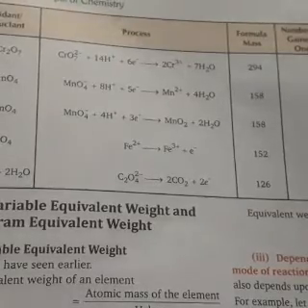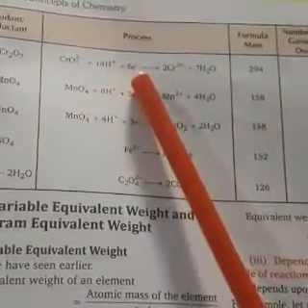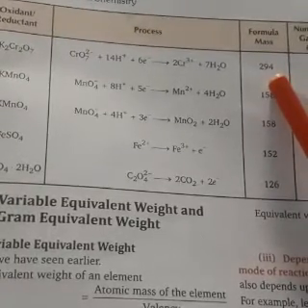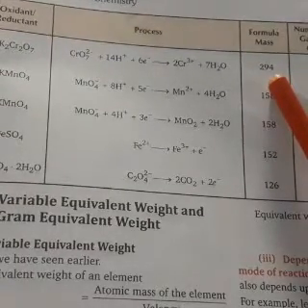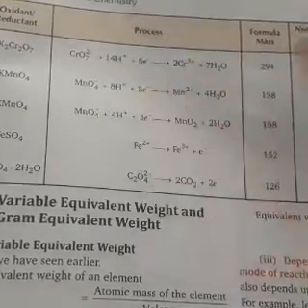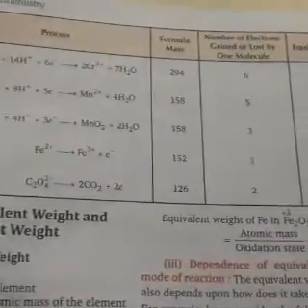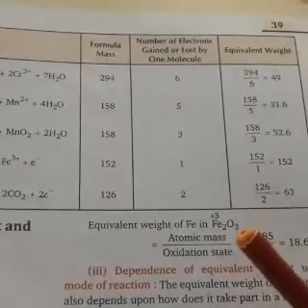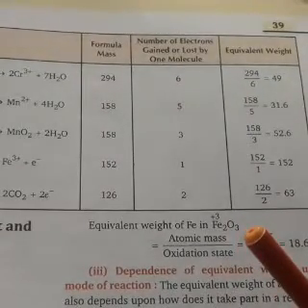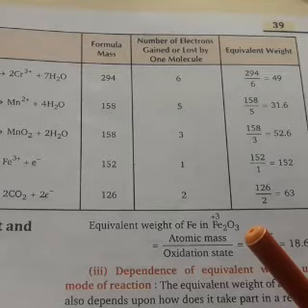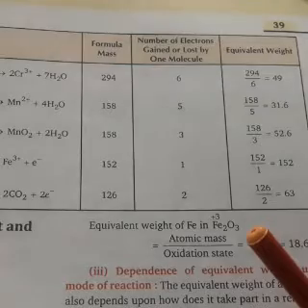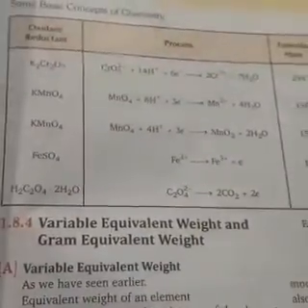You see how many electrons are transferred? 6 electrons. So 294 divided by 6, that will be its equivalent weight. The number of electrons gained or lost by one molecule is 6, so the equivalent weight is 294 by 6, which is 49. So 49 is the equivalent weight of K2Cr2O7, potassium dichromate.